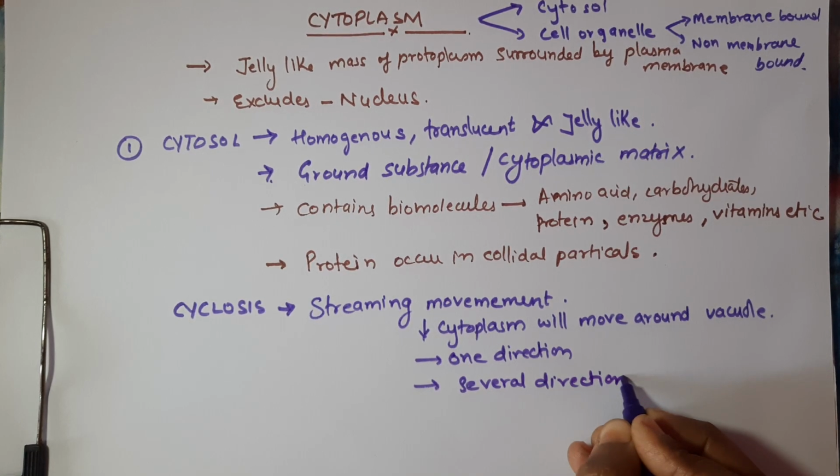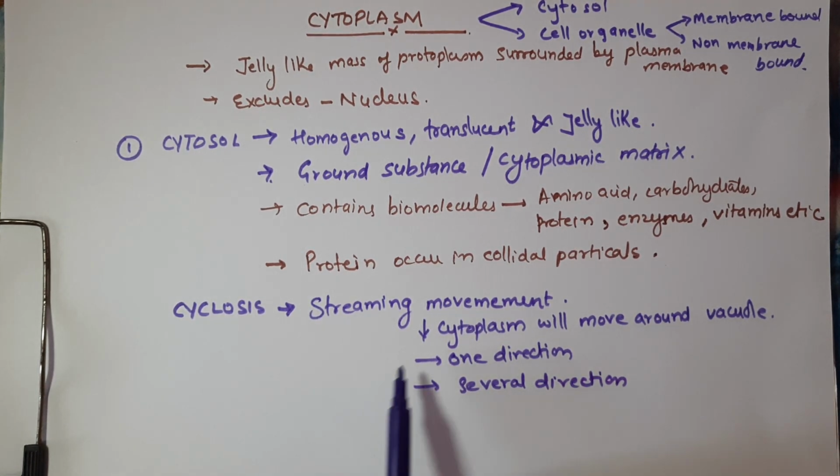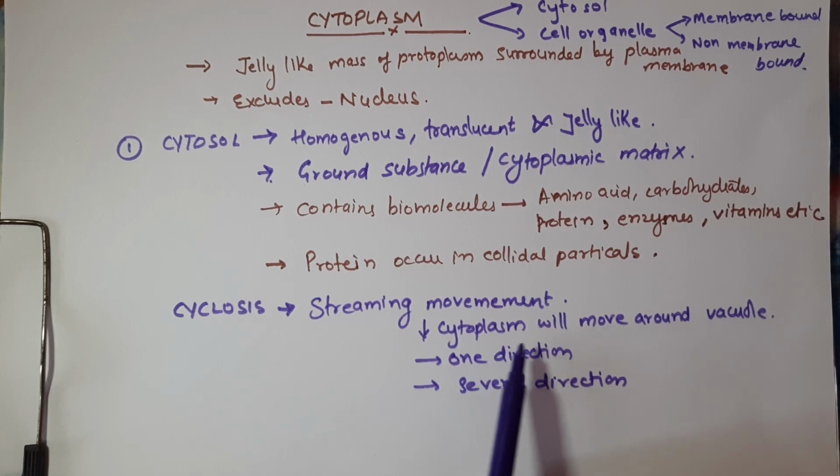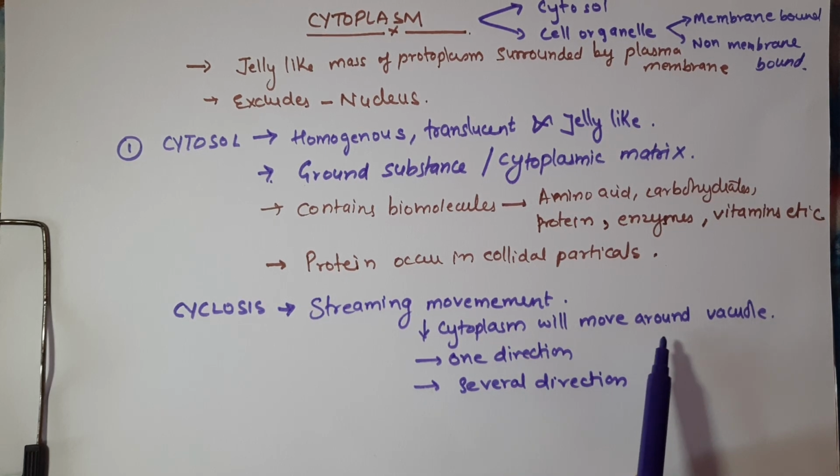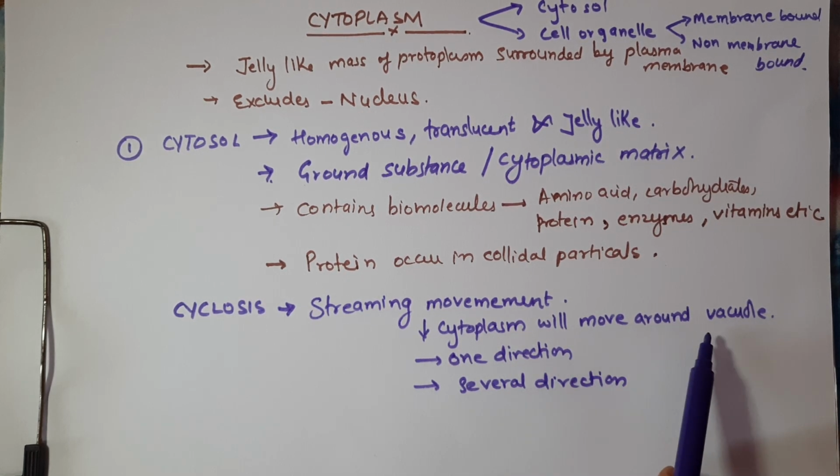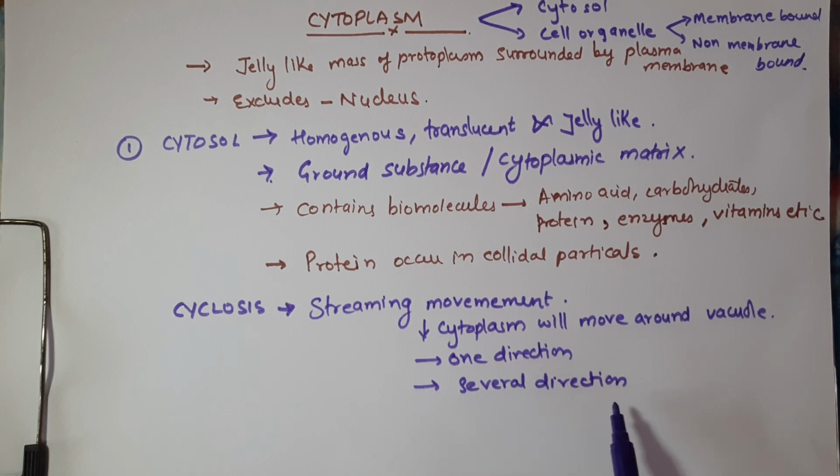I hope this term cyclosis is clear to you. It's a streaming movement of the cytoplasm, in which the cytoplasm moves around a vacuole. The movement can be in one direction or in several directions.